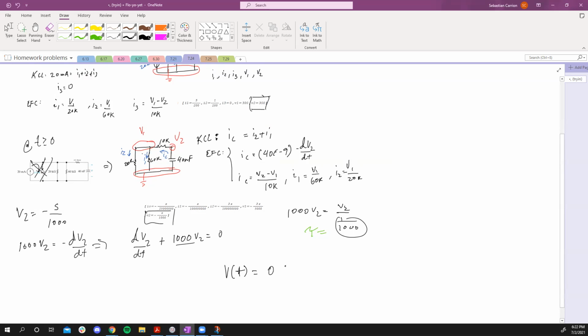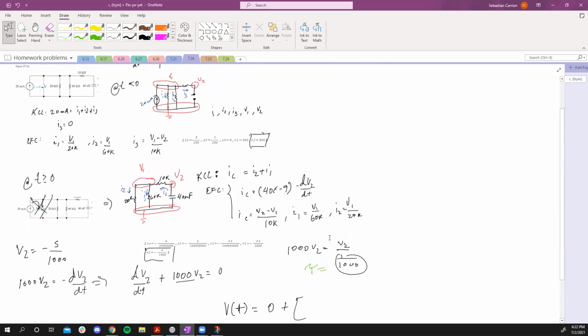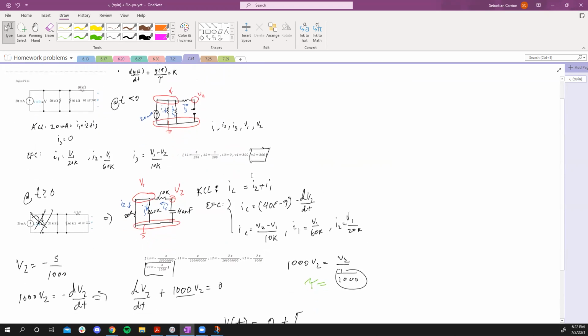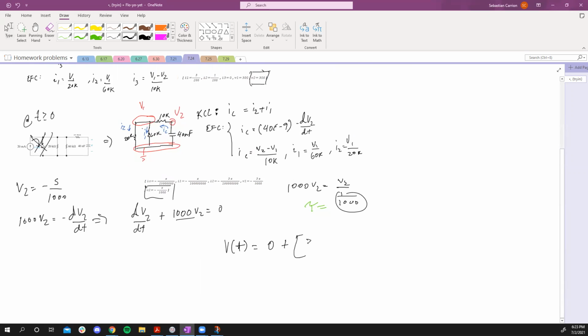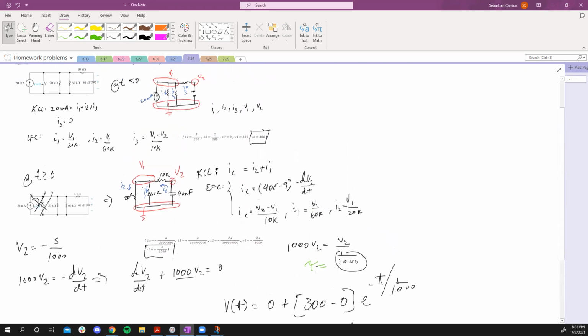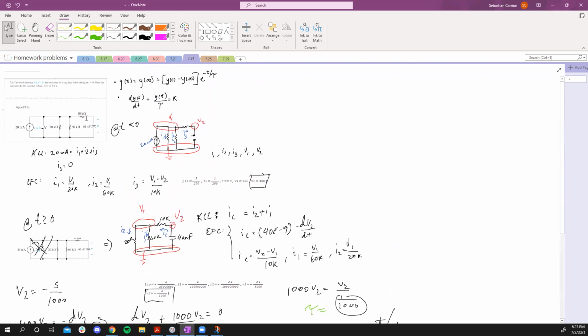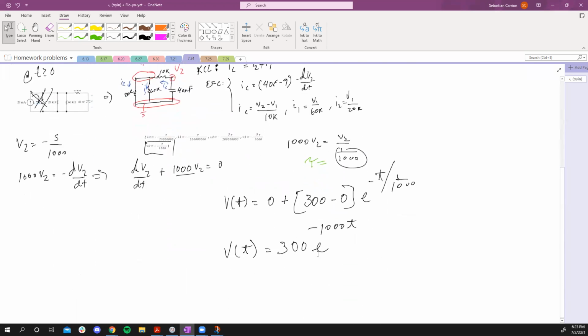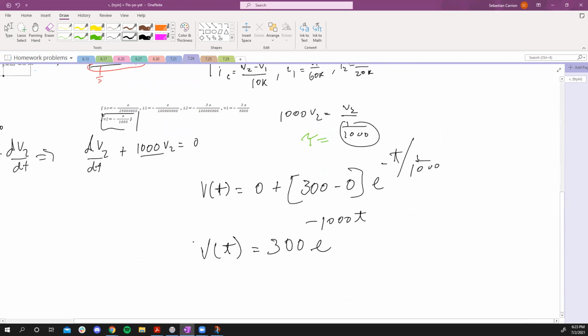So 0 plus our initial voltage in the capacitor, which is 300: 300 minus 0 times e to the negative t divided by 1 over 1,000. So this is what our equation is going to look like. The expression for our capacitor voltage at time greater than 0 is going to be this equation.